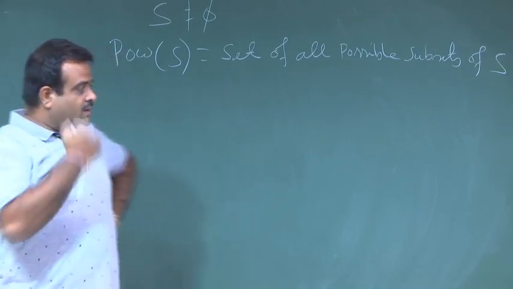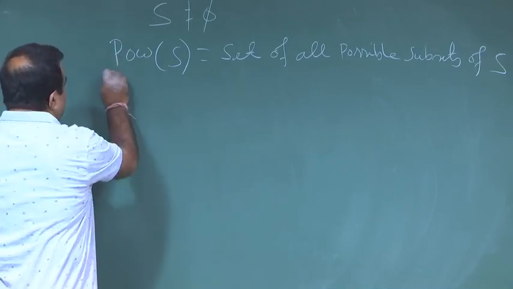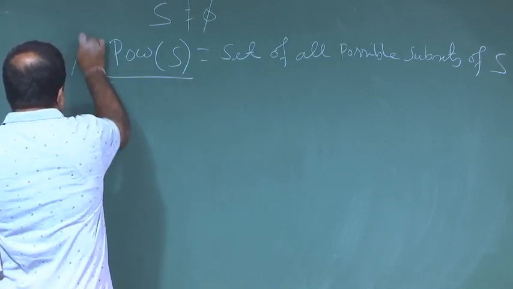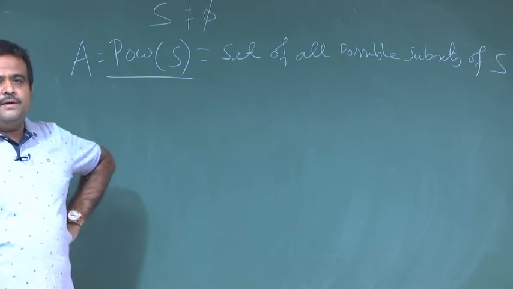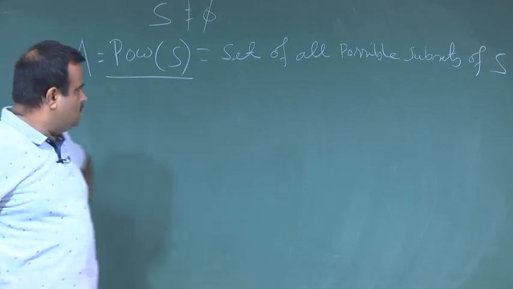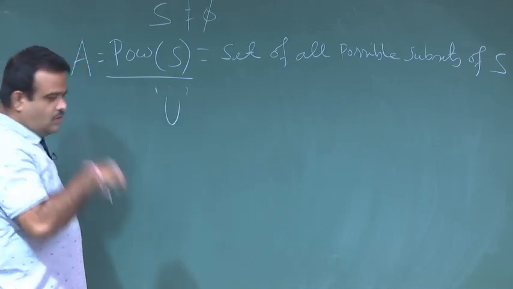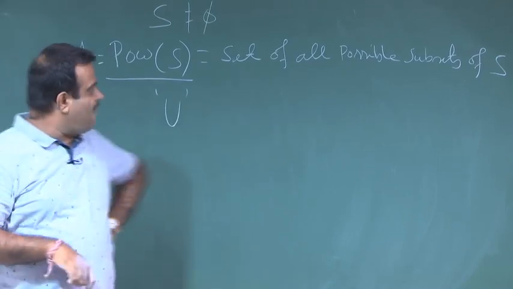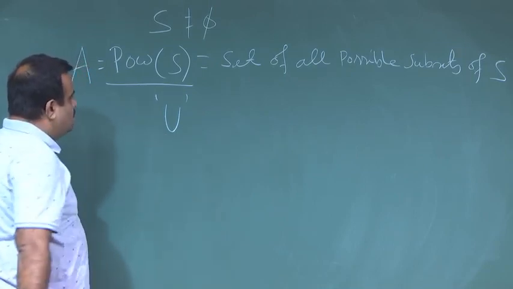Okay. Now, this is our set A, on which we would like to have an operation. So, we define the operations union and intersection. First of all, union on the power set. Union is also a closure operation.